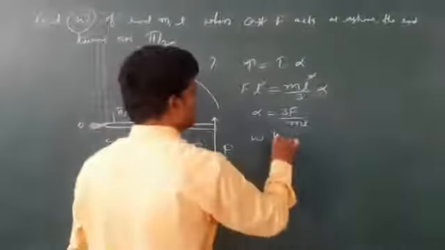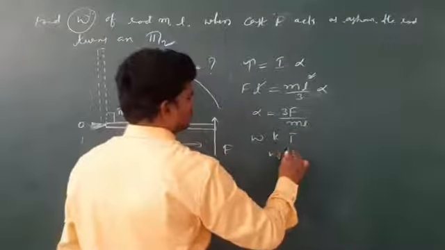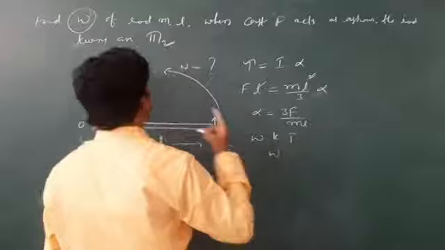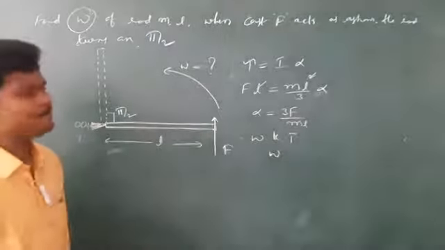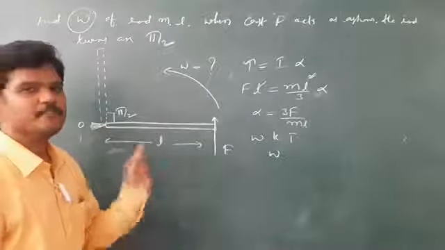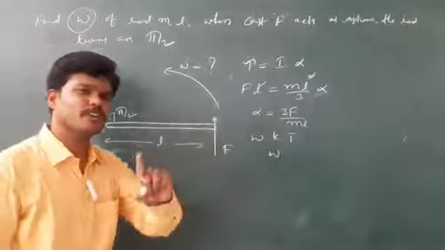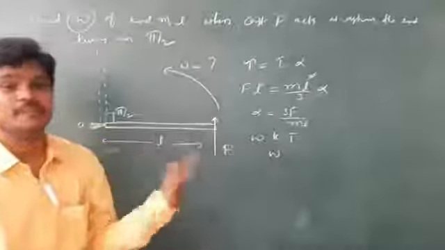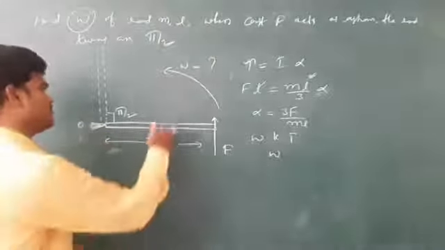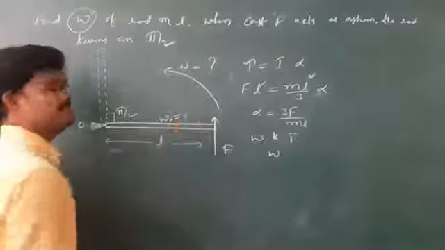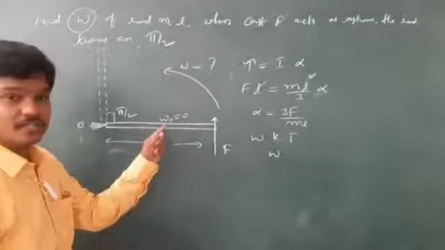Here the time is not given. If the time were given, we could use omega equals omega naught plus alpha t. But time is not given. Initially it starts from rest, so omega naught is 0.